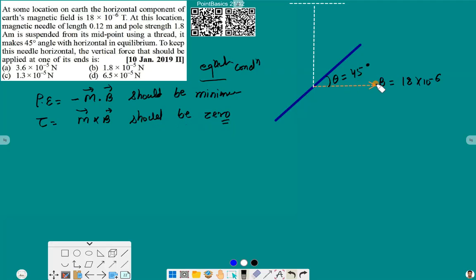And if we see that we have the value of B and the value of dipole moment, that is 1.8 ampere meter, if we calculate torque here, then we will get a net value of torque. But for this system to be in equilibrium, the net torque should be 0. And how will this happen?